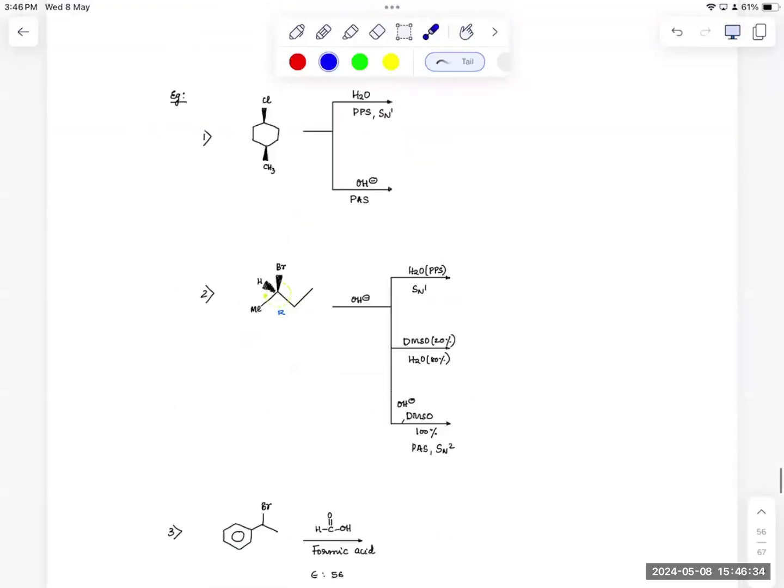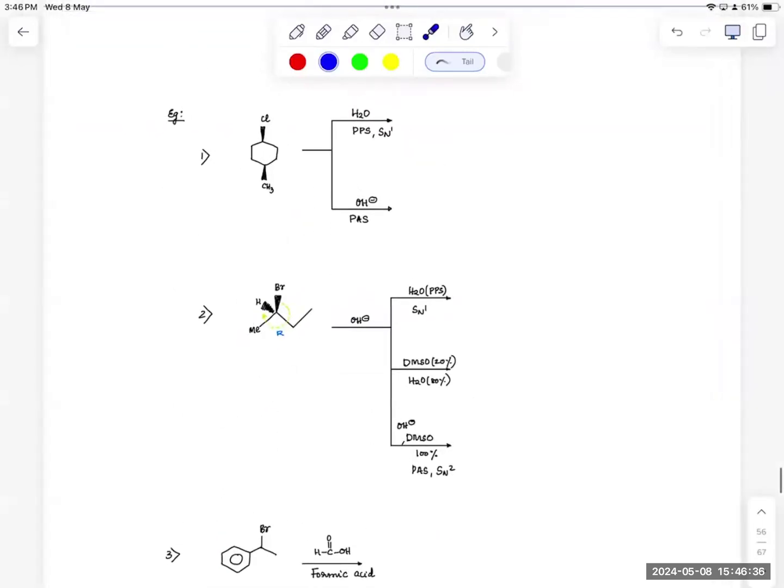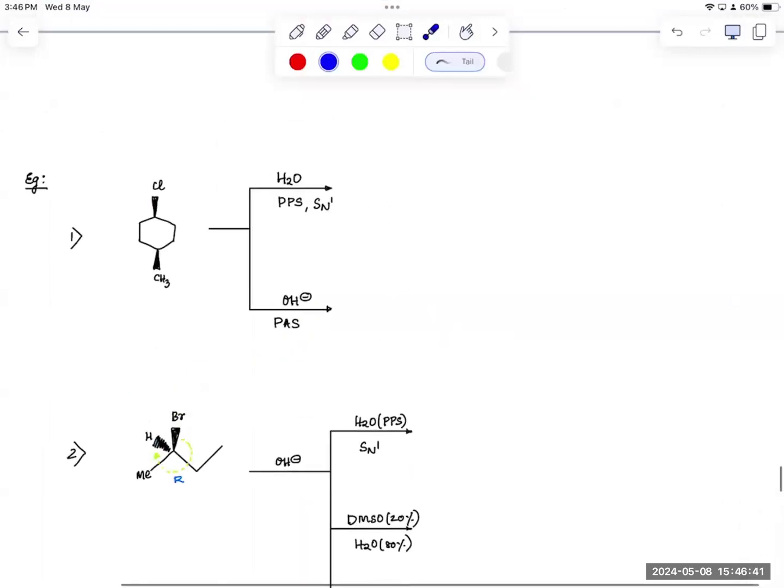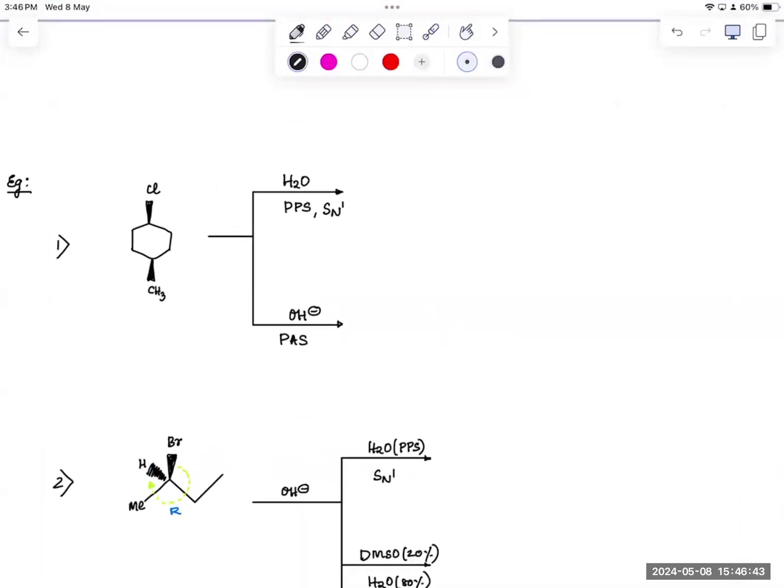Try this, everybody. First question. What is the product? It is SN1, so definitely we will have OH here.